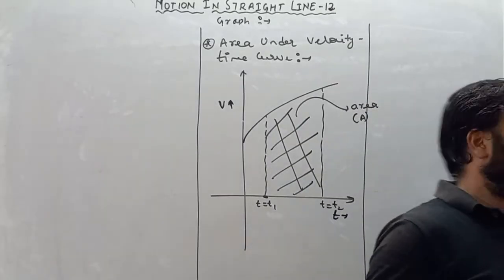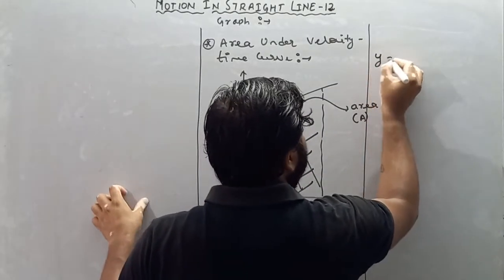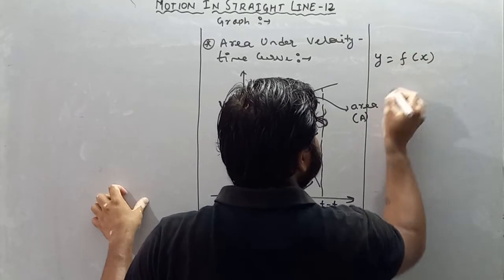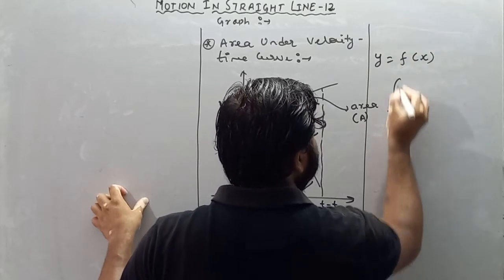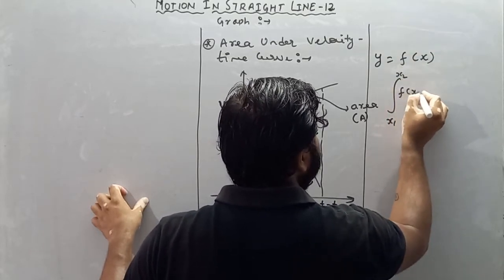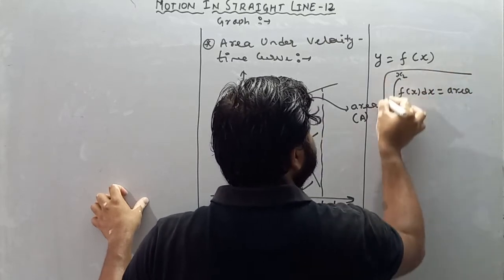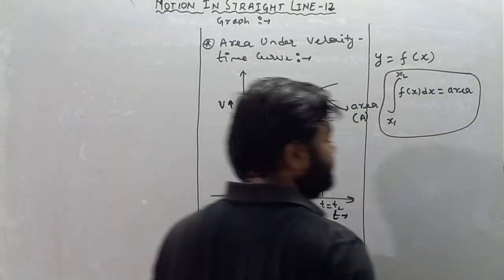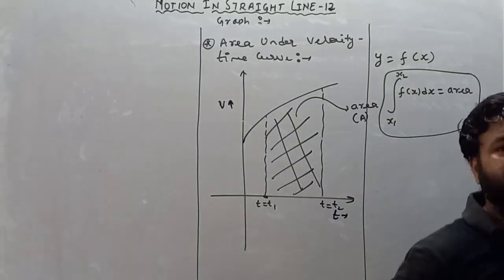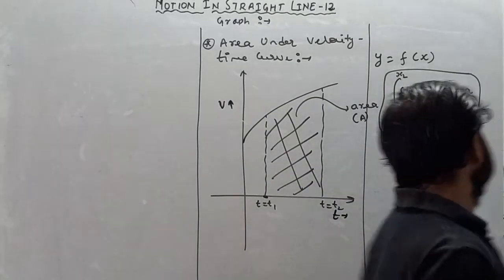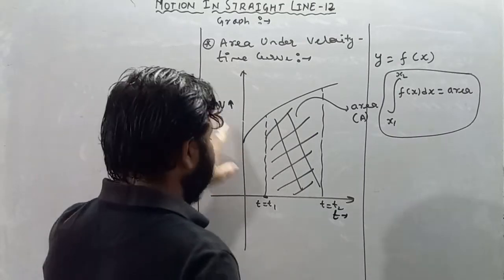Now we know that if we have a function y equals f of x, then the integral from x1 to x2 of f of x dx is equal to the area under the curve. Here the function is velocity and x is time.